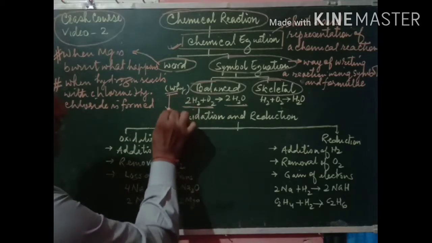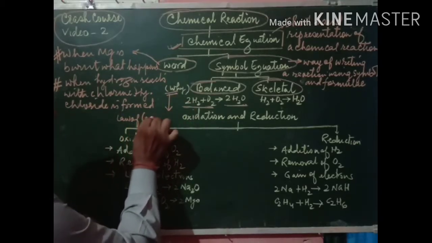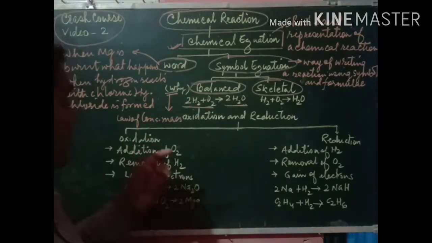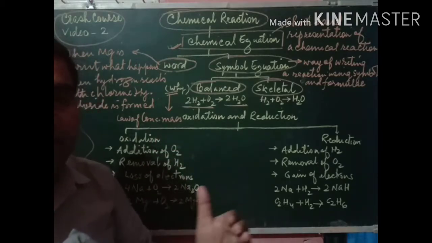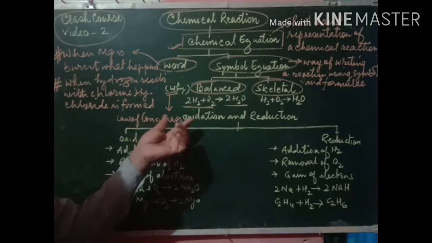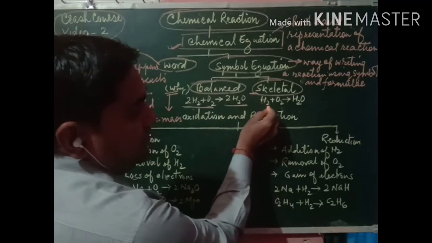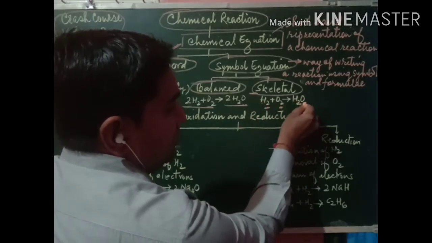So actually to follow the law of conservation of mass. Students, you know that according to the law of conservation of mass, mass is neither created nor destroyed during a chemical reaction. So how can it be that the number of atoms differ? See here, in a skeleton equation, hydrogen is 2, oxygen 2, and here hydrogen is 2 but oxygen is simply 1.